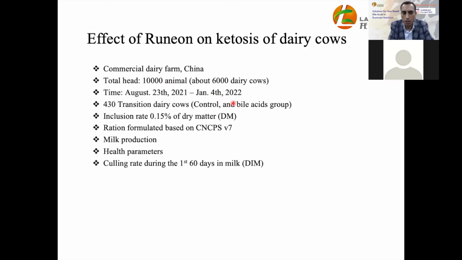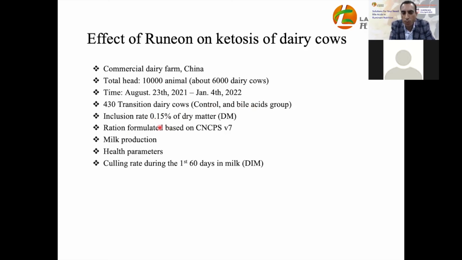They used 430 cows divided into 2 groups, a control group and a bile acid group. Each group was divided into replicates of 50 cows. The supplementation rate was 0.15%, corresponding to about 20 grams during the close-up and about 30 grams during the fresh period.